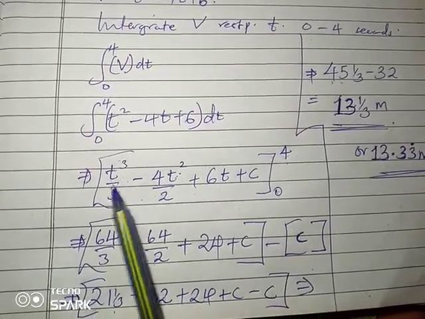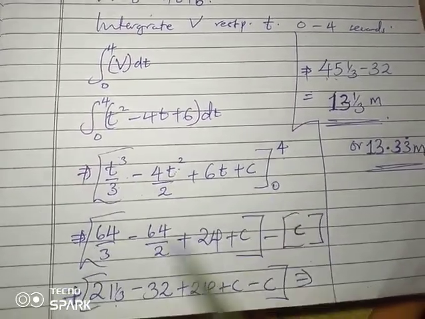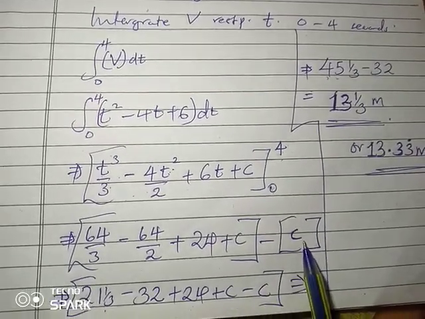When we cube 0 it is still 0, square 0, all that shall be 0 until we remain with c alone in bracket 2.